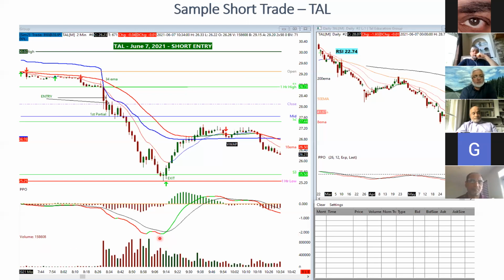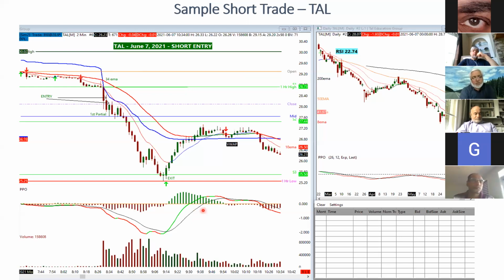PPO gives you a percentage. That's the only difference: of the two moving averages, the short one is moving as a percentage of the long one, showing how fast and in which direction. Okay, that's the only difference.